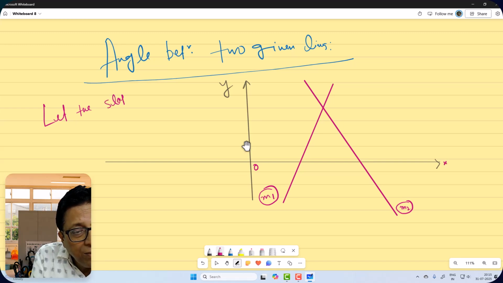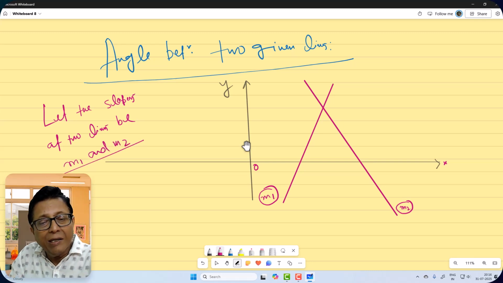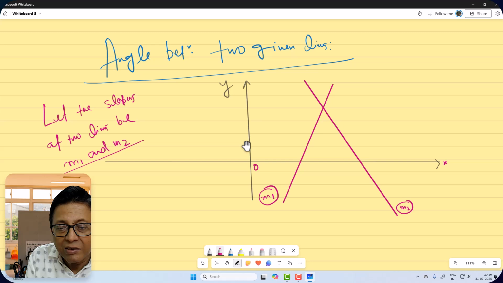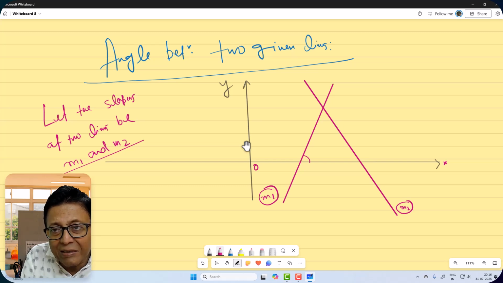Let the slopes of two lines be m1 and m2. This is m1 and this is m2. Okay? Now let this angle, the first line makes, this line 1, it makes theta 1.